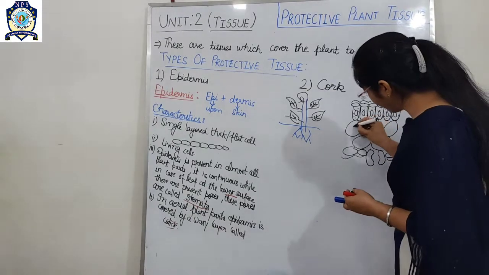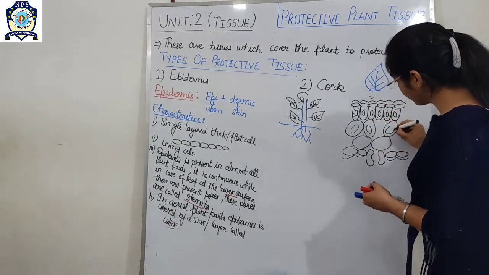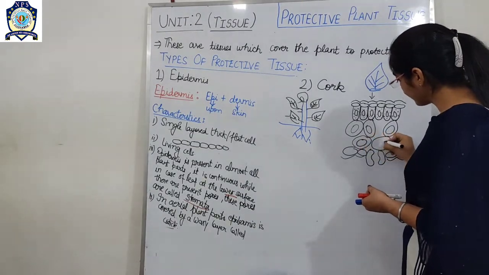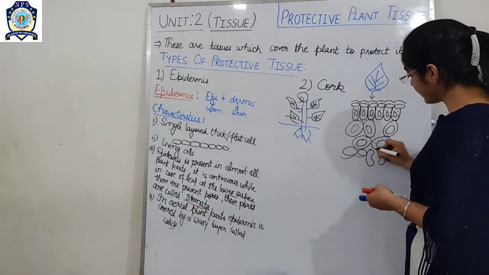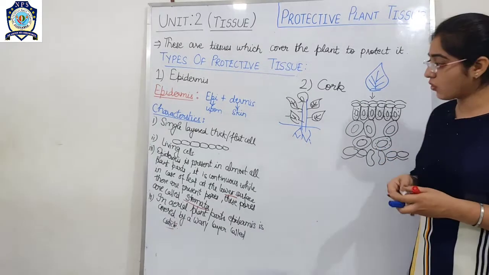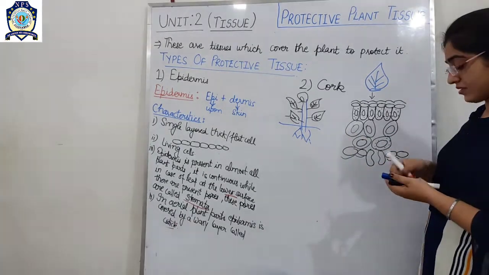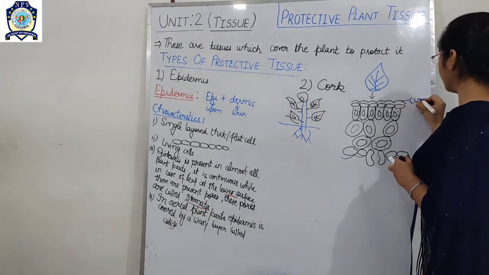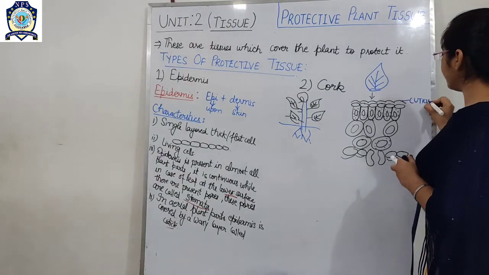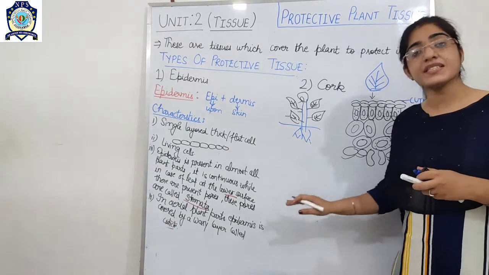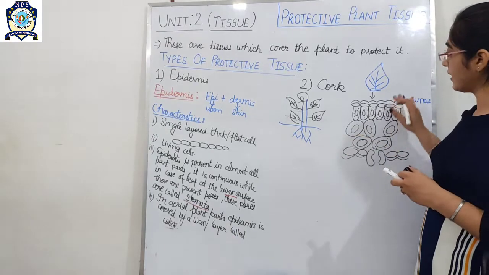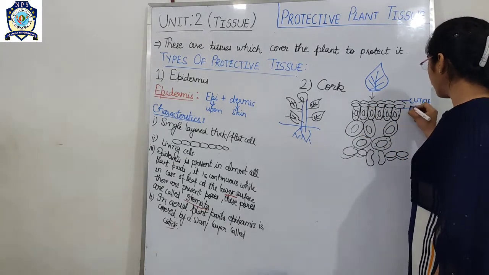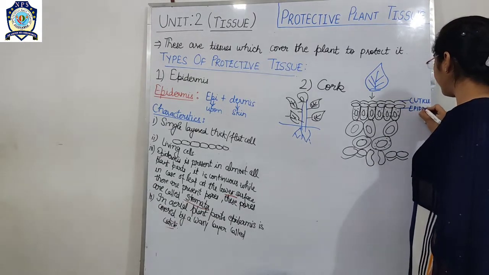So again if we label it, I am going to label it. I just want to tell you about this pore and also the epidermis. This one is the cuticle, the waxy layer which is present in the aerial plant part. Here we are talking about the leaf, and this one is the upper epidermis.